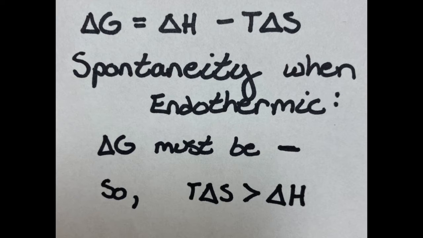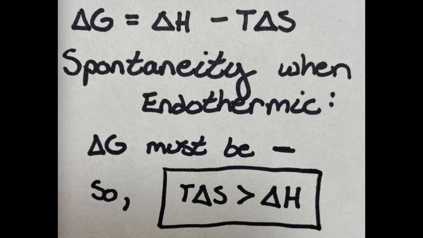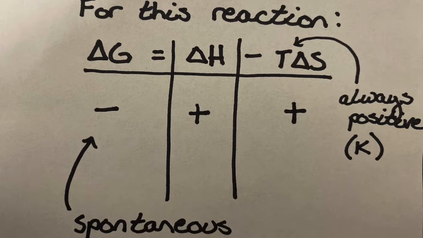We can make more sense of this if we look at the problem mathematically. Because there is subtraction in the formula for delta G, or Gibbs free energy, delta G will be negative in an endothermic reaction if and only if the value for T delta S, which is temperature times the entropy of the system, is positive and large enough to overcome the positive delta H. And that is exactly what happens in the reaction of acetic acid and sodium bicarbonate.